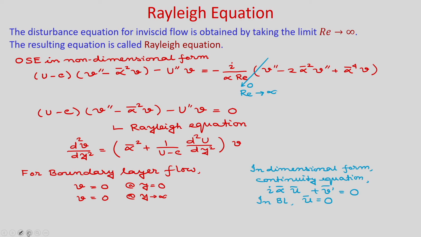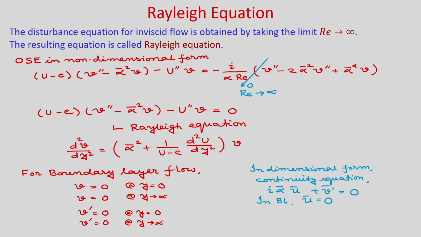So we can write another boundary condition, that v prime is 0, in non-dimensional form. We write this from the continuity equation, because this is the u disturbance, and obviously the u disturbances are 0 at y is equal to 0 and y tends to infinity, so v prime bar is equal to 0.